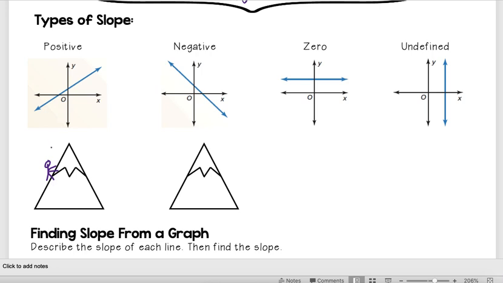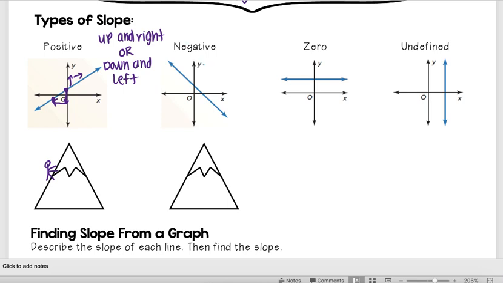And we find that slope will be positive either when I am going up and to the right, from point to point, or another way I can think about it is I'm going down and to the left. I was going from this point to this point. And we'll talk a little bit more about that in the next video.